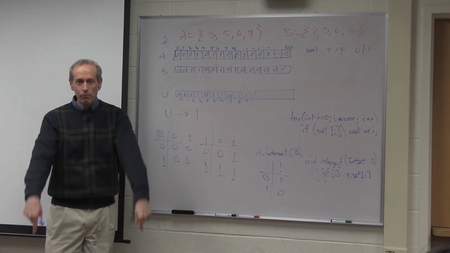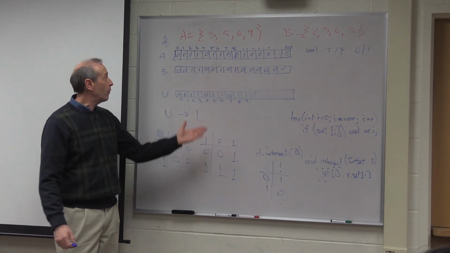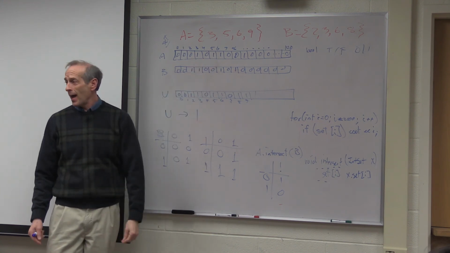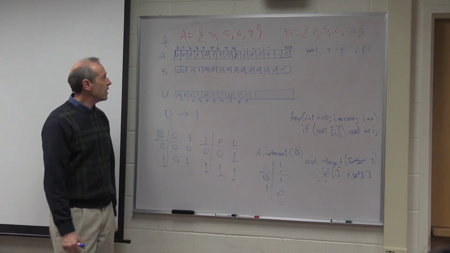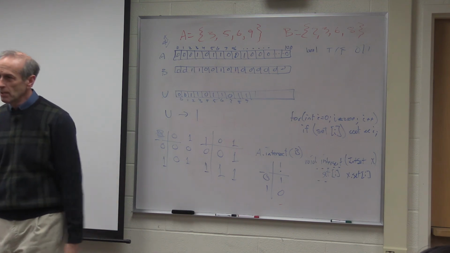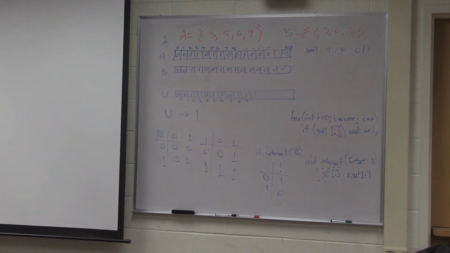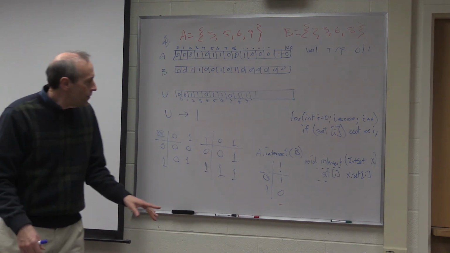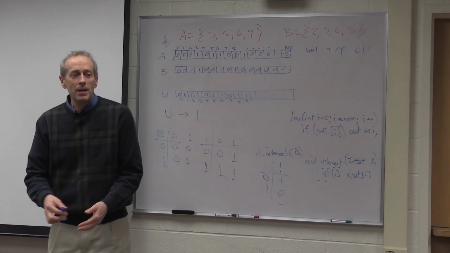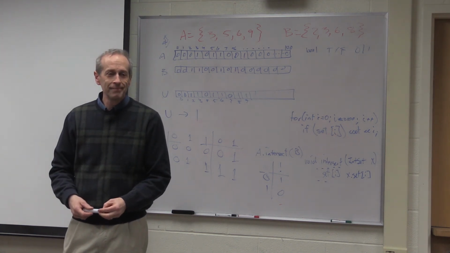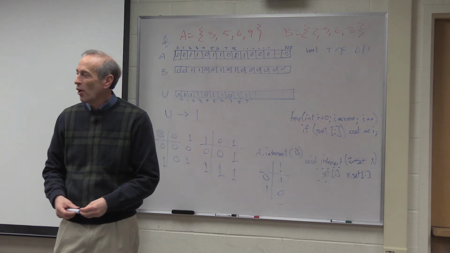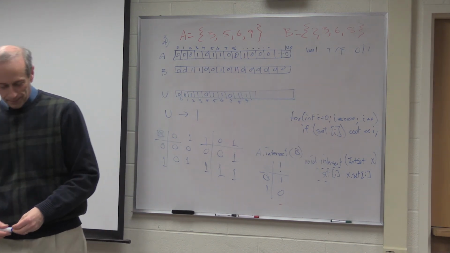If I want to delete 5 from A, change it to 0. If I want to delete 8 from A, put a 0. You don't have to use ifs. Very few. The only if you should have is probably in a print statement. Are you printing that element or not?